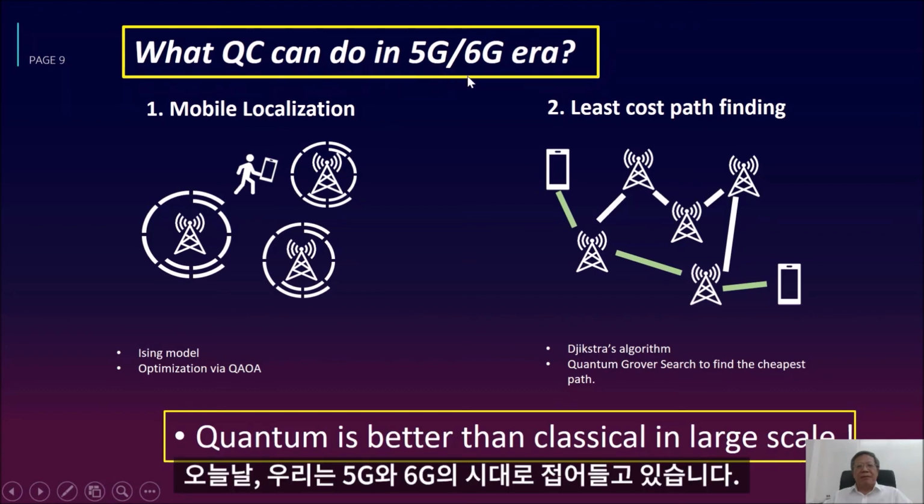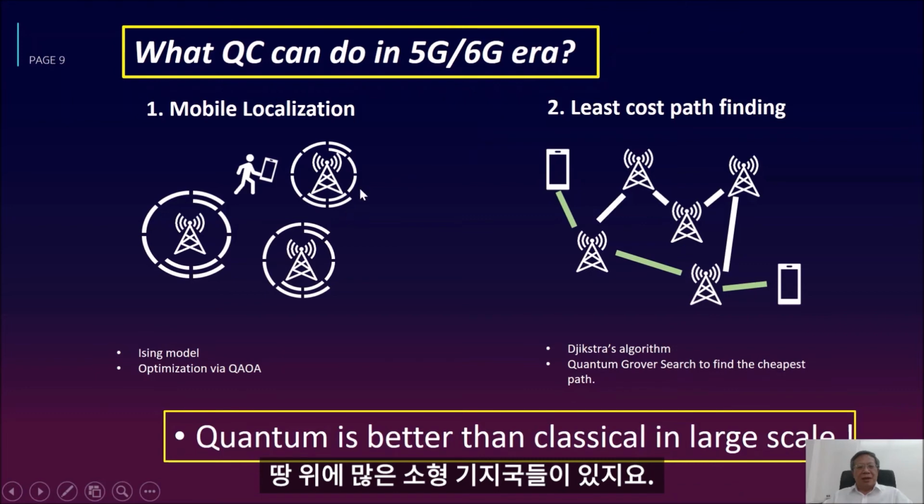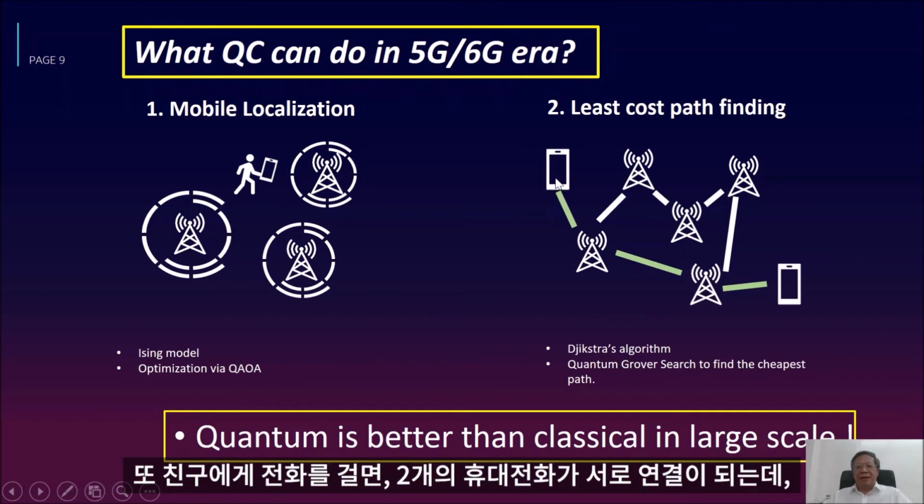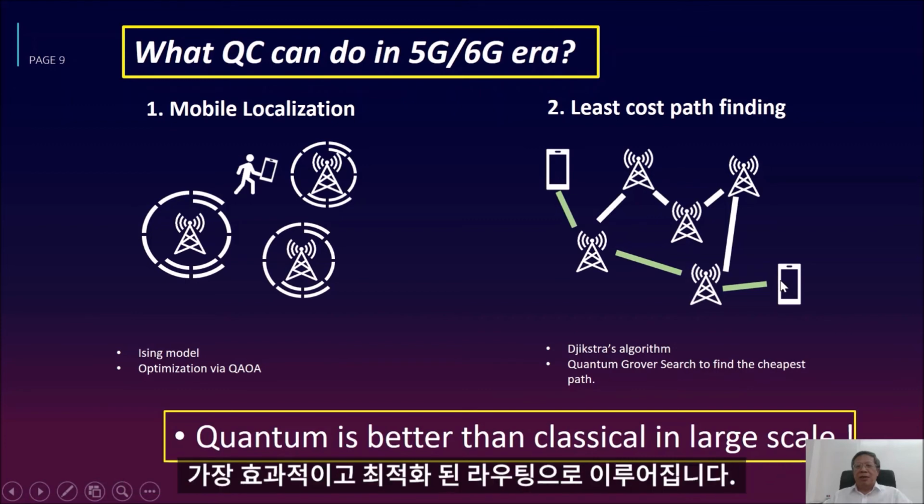Nowadays, we are moving into the 5G and 6G era, with a lot of mini stations on the ground and a lot of mini satellites in the air. If you carry your mobile phone walking around, the station needs to identify your position. Also, if you call your friend, the two mobile phones need to connect to each other with the most effective and optimized routing.